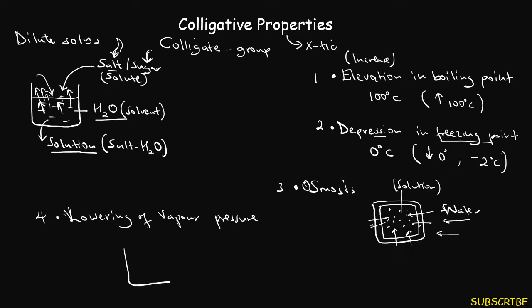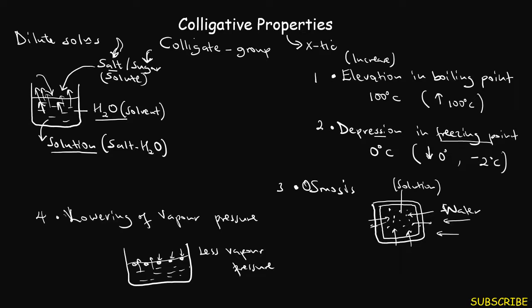Let's take an example of our container. Initially we had water, and then when we added some salt, some of the sodium chloride ions will tend to align themselves to the surface. Remember, evaporation takes place at the surface. So the escaping tendency of our water molecules will be limited due to the presence of these solid particles. So we shall have less vapor pressure.